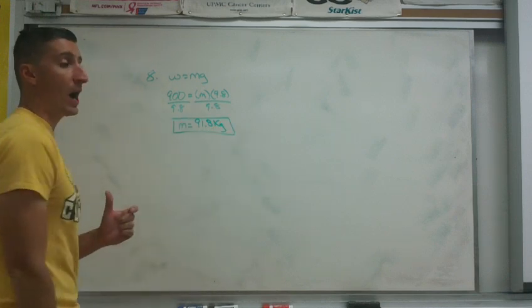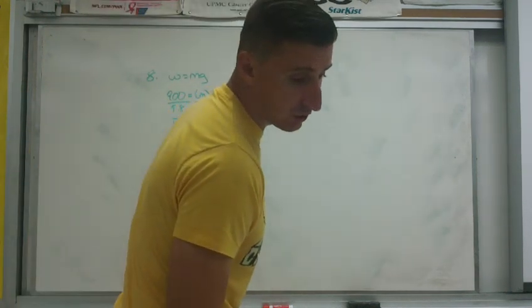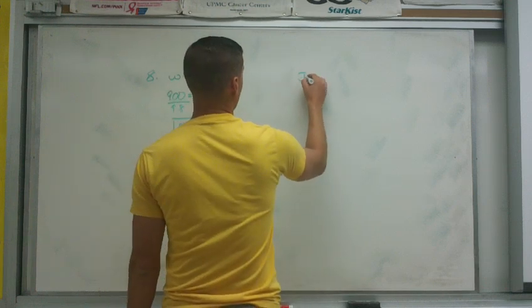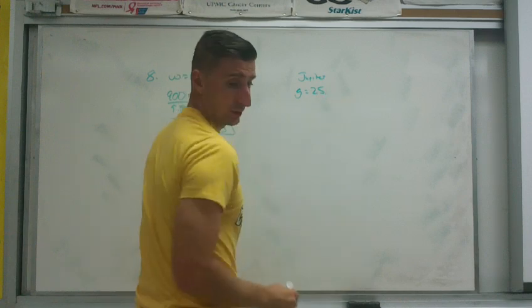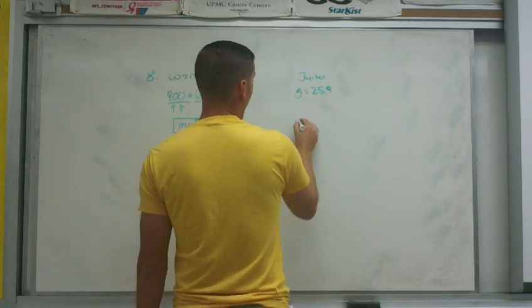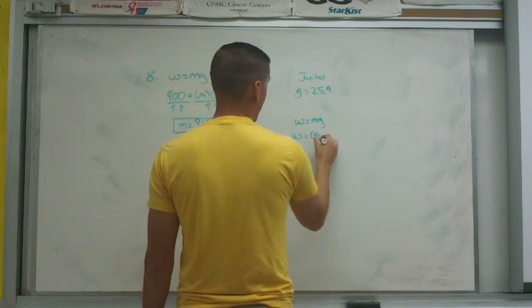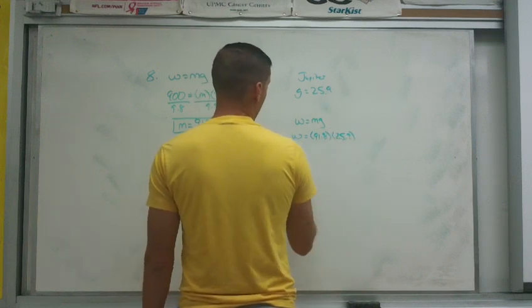Okay, so now I know that's his mass, and it's the same on Jupiter, but I know Jupiter's g is 25.9. So weight is equal to mg. Weight is what I want to know. His mass is 91.8. The new g is 25.9. So I plug in.